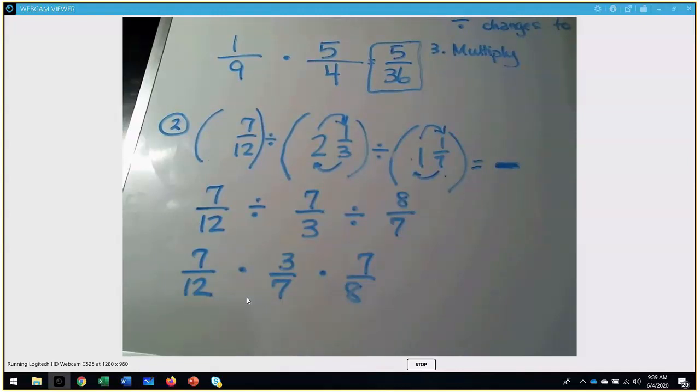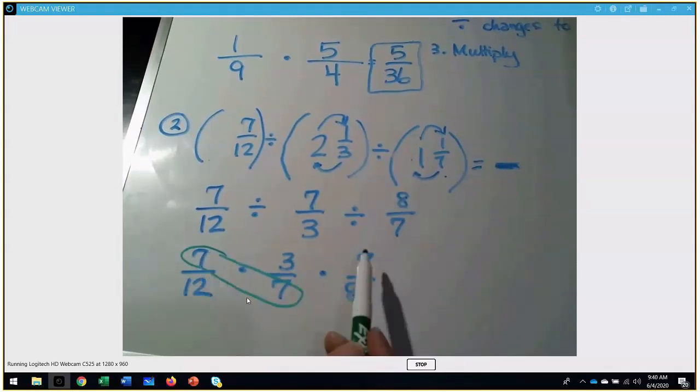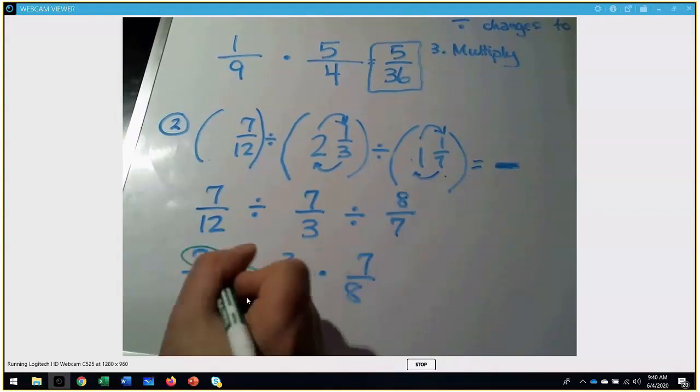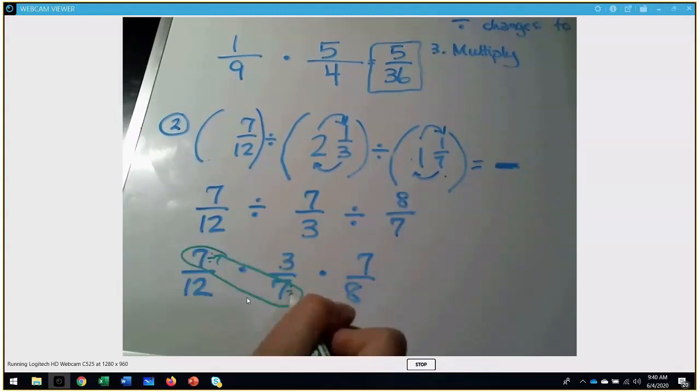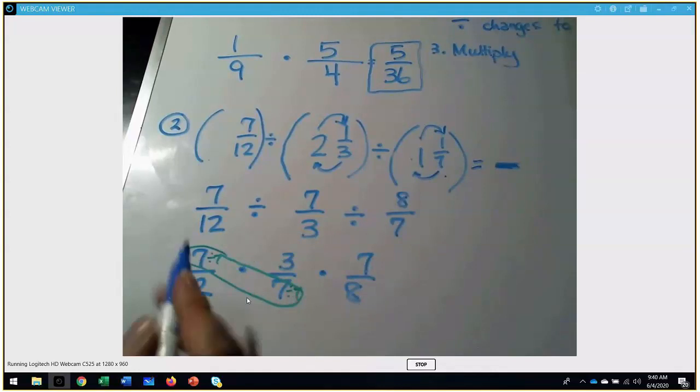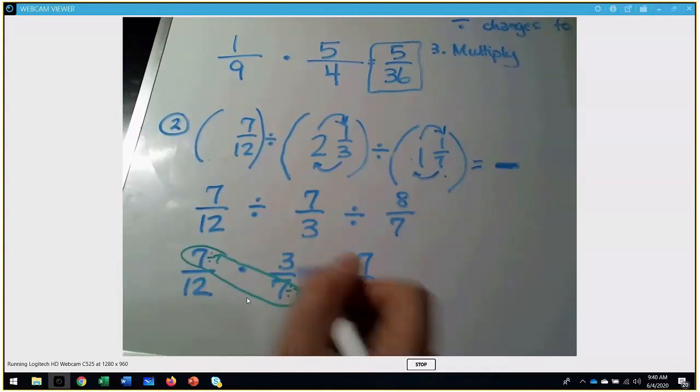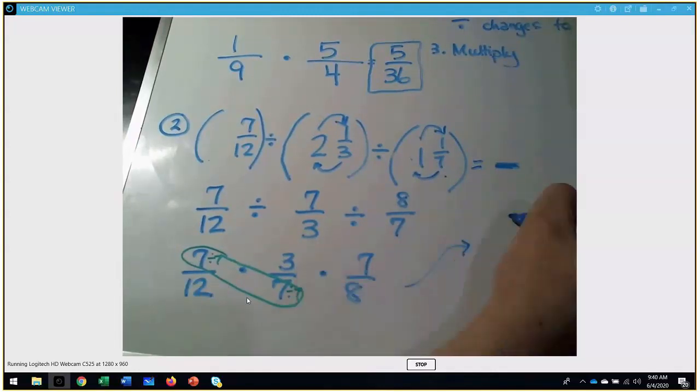Now I'm going to try to see what I can do diagonally. I see right off the bat, I see 2 7s that I can put together. You can only do it 2 at a time, so you can't involve that other 7 with anything just yet. These are both going to cancel out. So these are just going to be 1s.